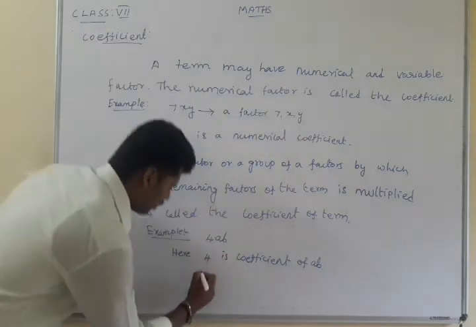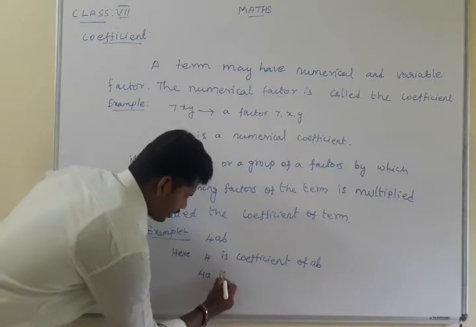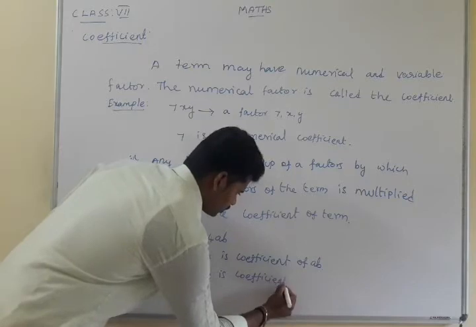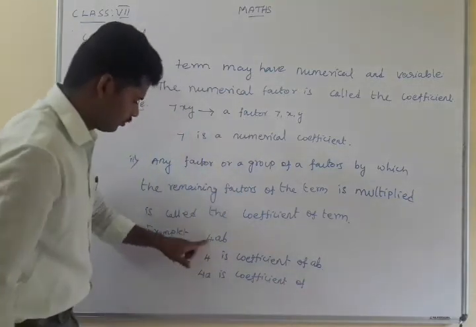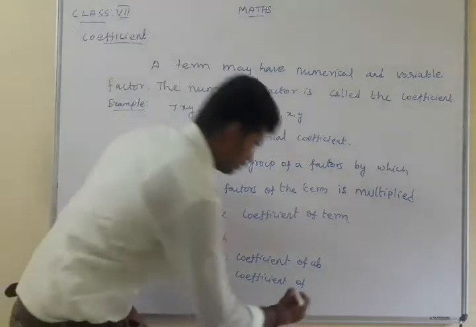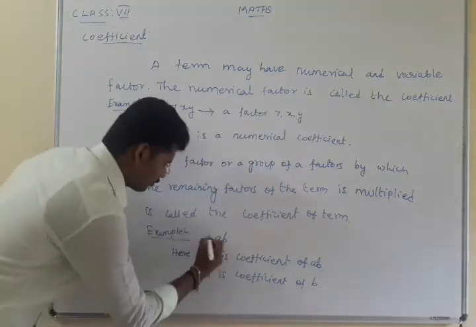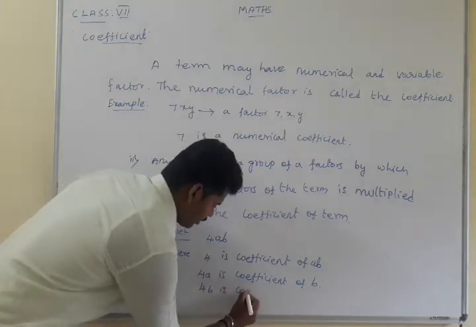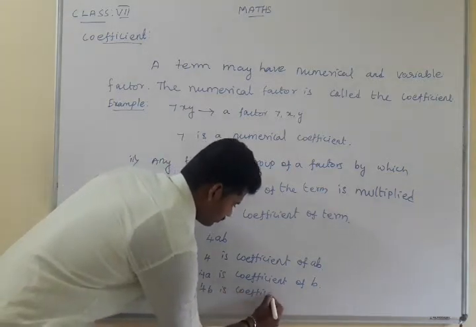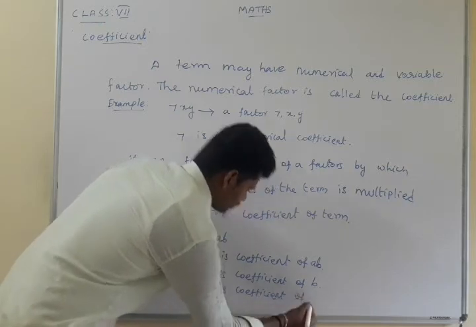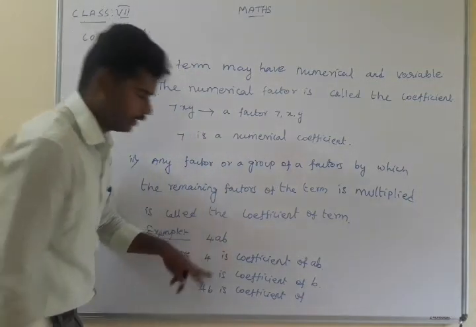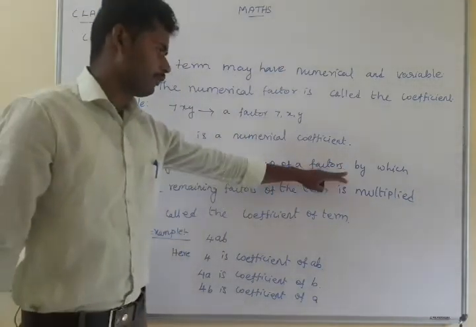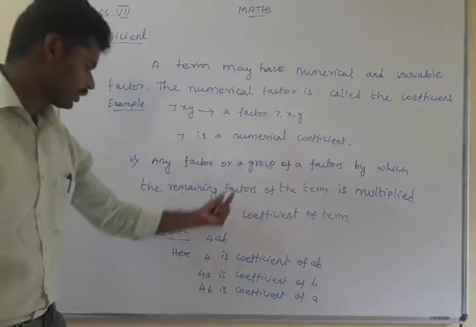Next one, 4a is the coefficient of the remaining term b. Next one, 4b is the coefficient of the remaining a.